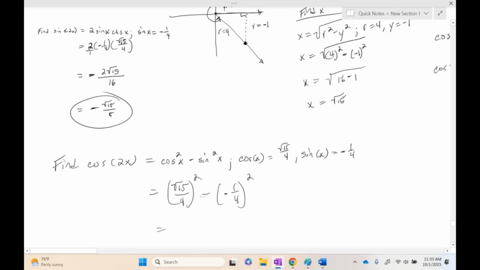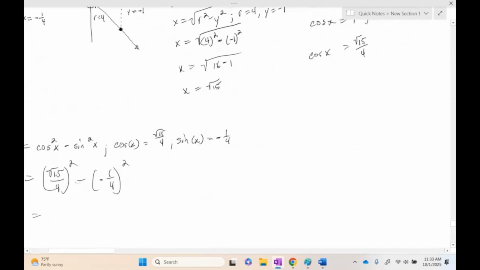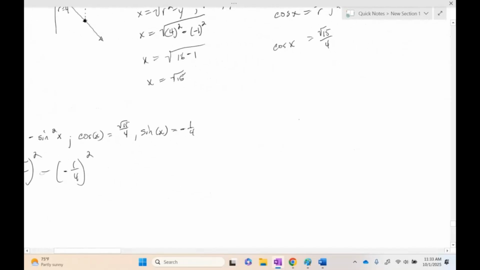And now we're just going to simplify. So remember from algebra, this is what the formula looks like. It says a over b to the nth power is equal to a to the nth power divided by b to the nth power.